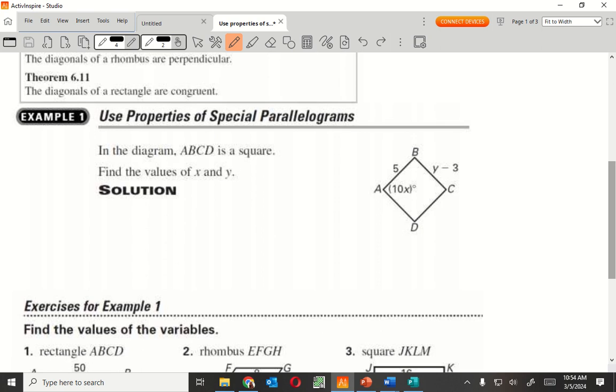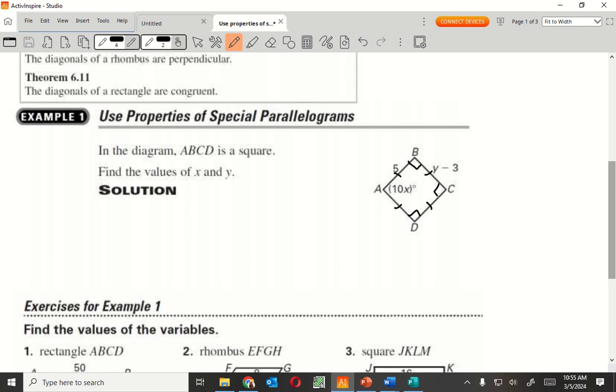Now we have to go along and think, what do we know about the square? Okay, I can go back to see what a square says, and I can say, hey, all 4 sides in a square are the same, aren't they? Yes. And all 4 angles in a square are 90 degrees. Very good. So let's start by doing the angles on the inside.